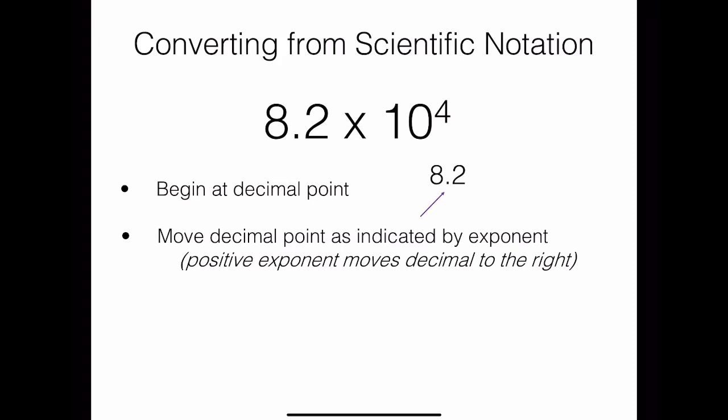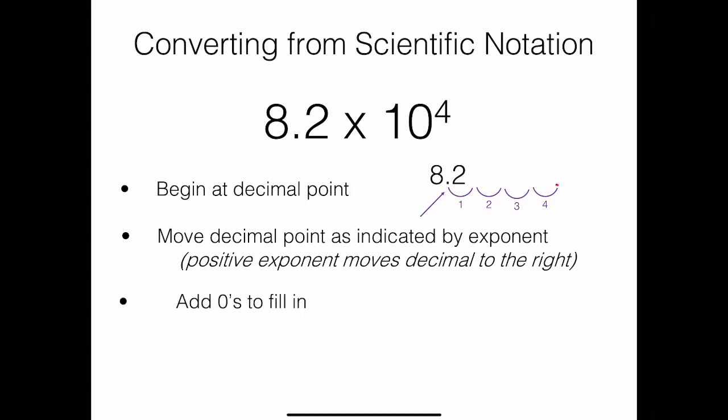Here we have a positive exponent, so that means we are moving the decimal point in order to make this number larger. Positive exponents move the decimal to the right, which is what indicates a large number. 1, 2, 3, 4 places, as indicated by the power of 4. So what do we do now that we've moved the decimal point to this location right here?